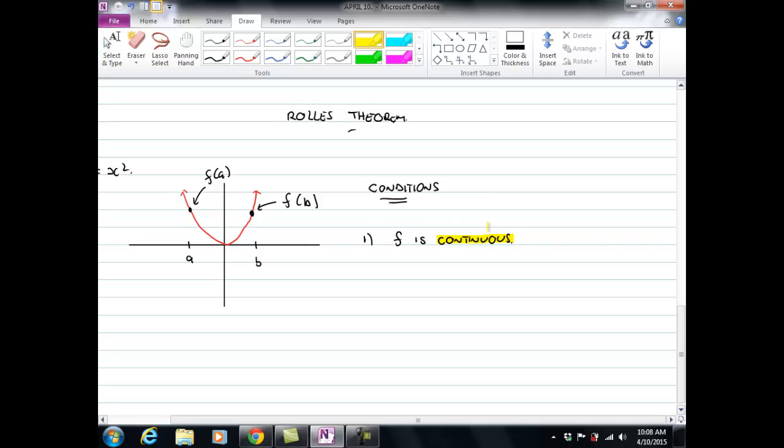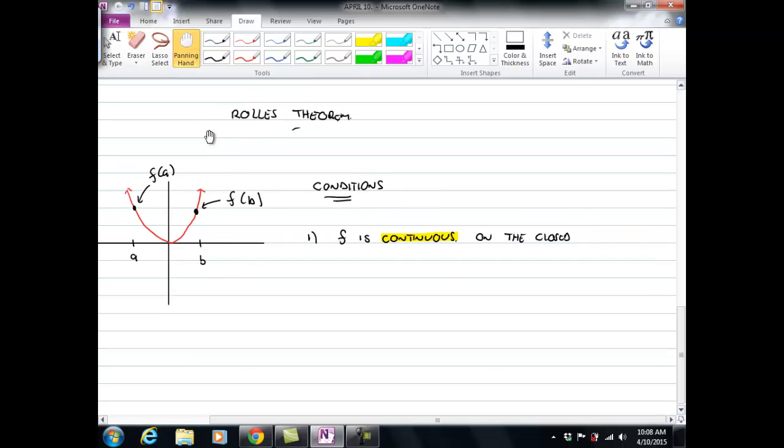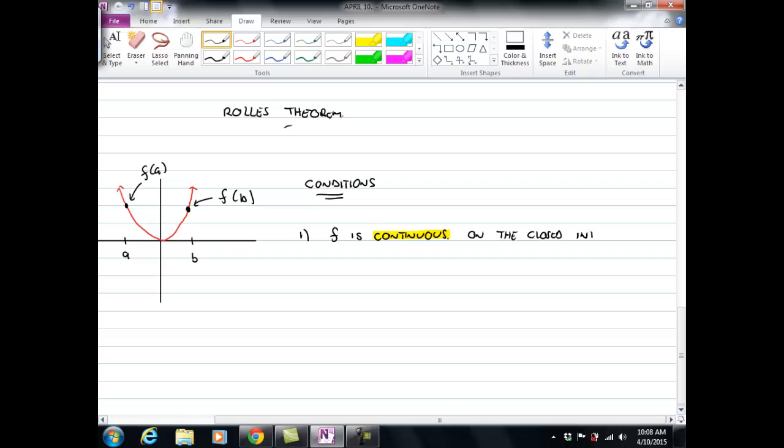It has to be defined. You're close. f(a) has to equal the limit as x approaches a. So they must exist on the closed interval [a, b]. Notice I'm using the word closed. If it's open, it can't be done. It has to be closed.